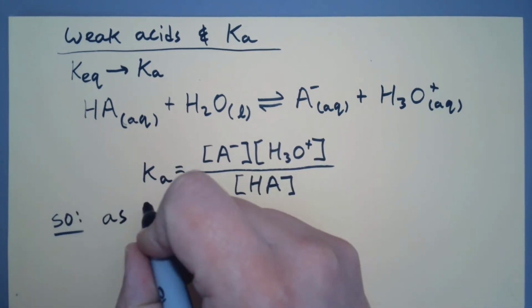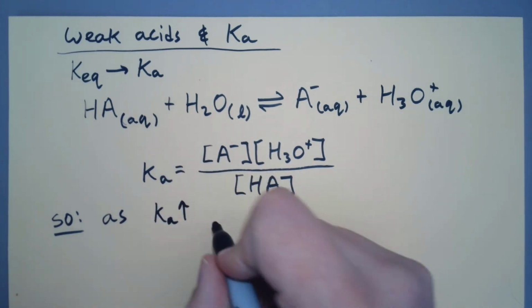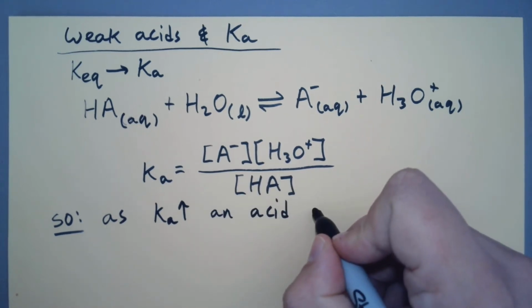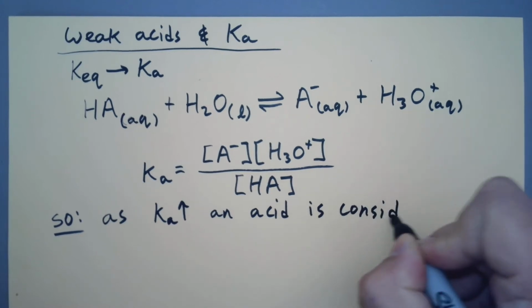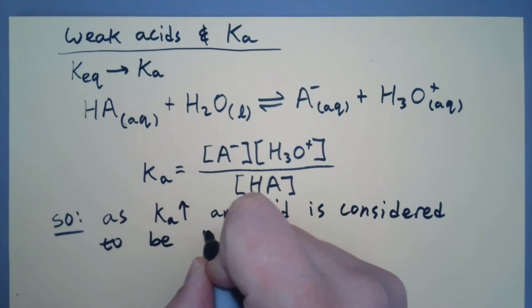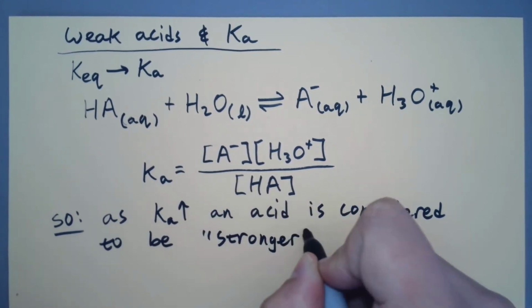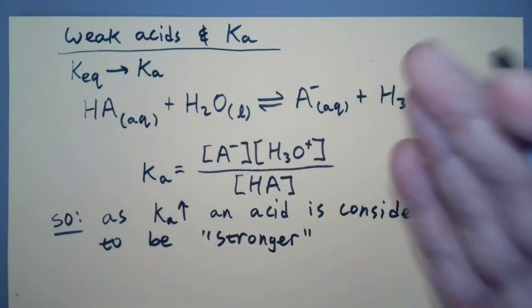So as Ka increases, an acid is considered to be stronger. Okay? And it's not that Ka is changing for a specific chemical. You look up the value in the table, that's the value.